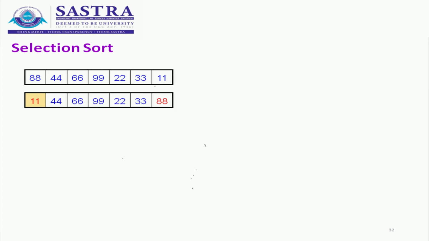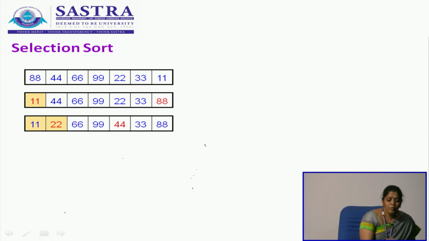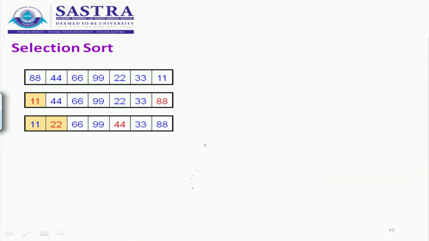So we are going to find the smallest number. The smallest number is 11, which has to be replaced with the first position. So this has been exchanged. And next, once it is frozen, because we found the smallest element and we ensured the smallest element is available in its position, then we have to take the second position, and this second position has to be replaced with the next smallest element.